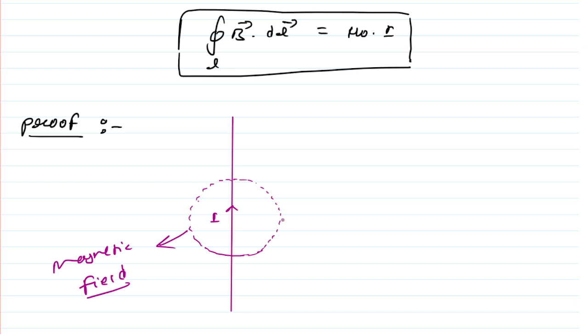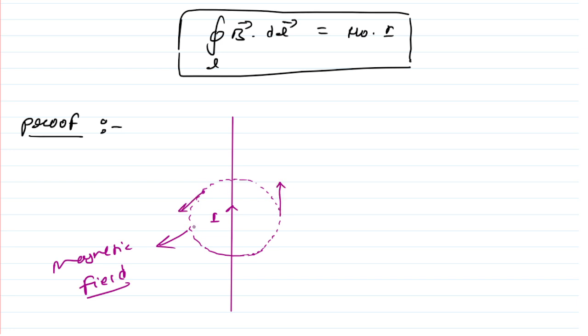Along this particular loop, at each and every point the magnitude of magnetic field will be the same and it will be in the tangential direction.